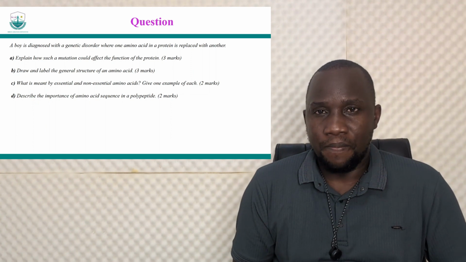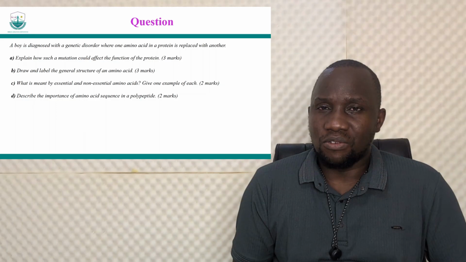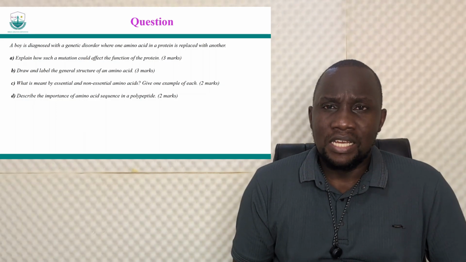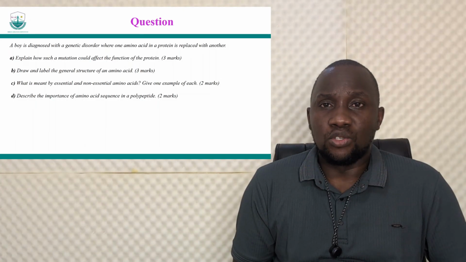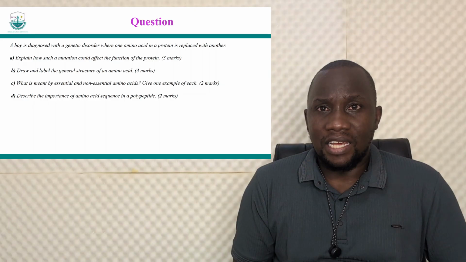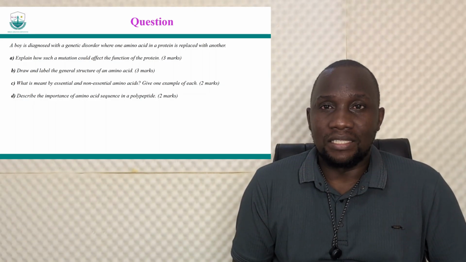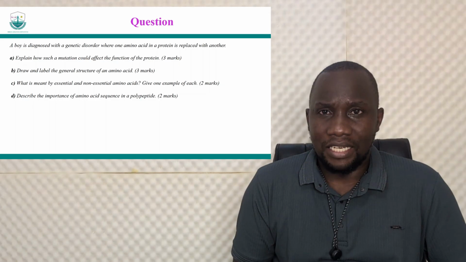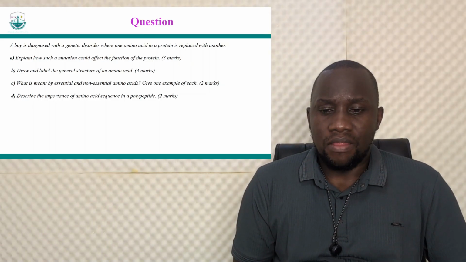And remember, the proteins are very many and they perform different functions. So for example, if you have a protein that is supposed to be used to form a particular enzyme, and that protein is not made, that means that that person will not have that enzyme. And that is going to be a problem. And that is a genetic disorder. It is inherited. It is an inheritable problem there.